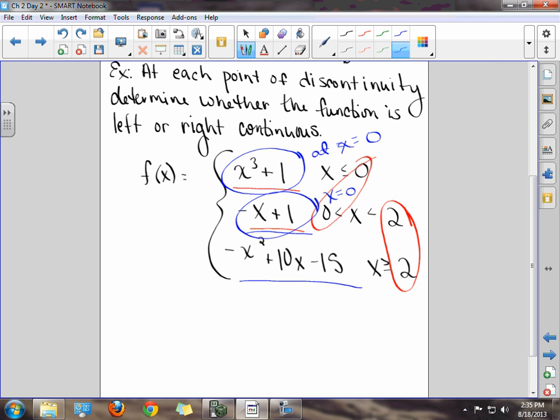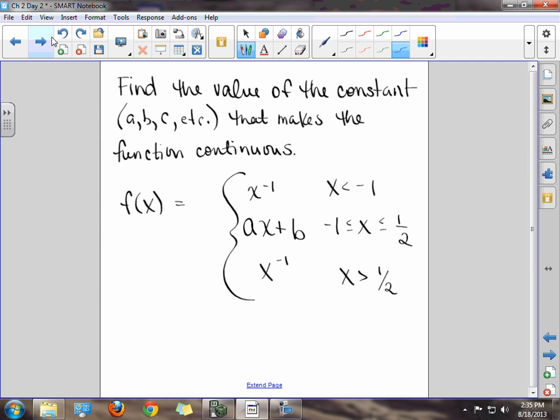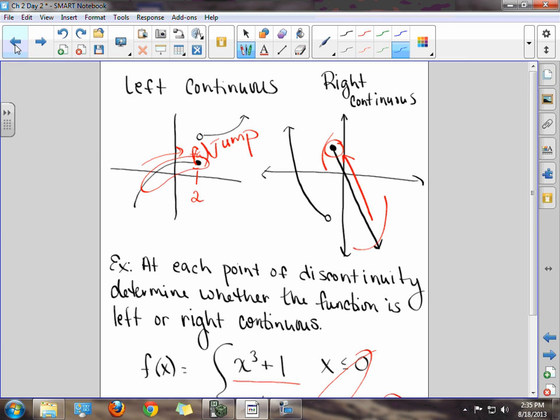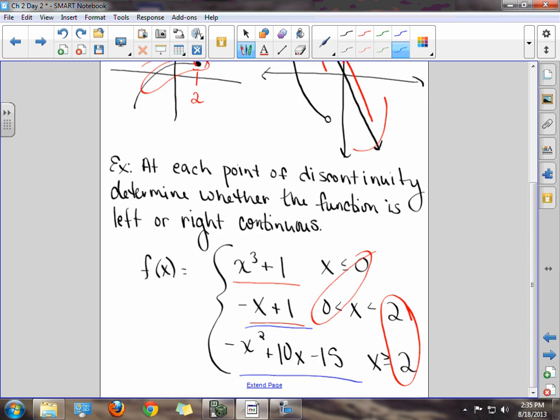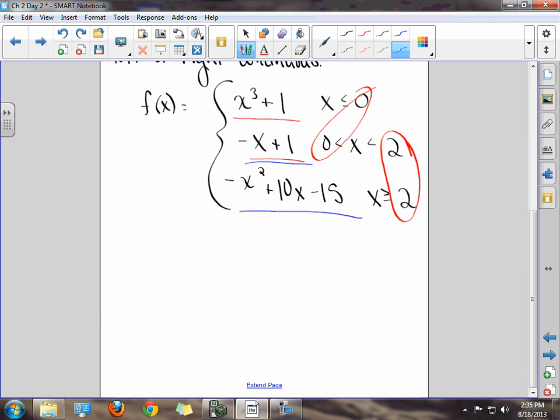If there's a discontinuity there, then I want to see on what side the function value lies. The easiest way to do that is to look at your inequality symbols. This one is less than or equal to.